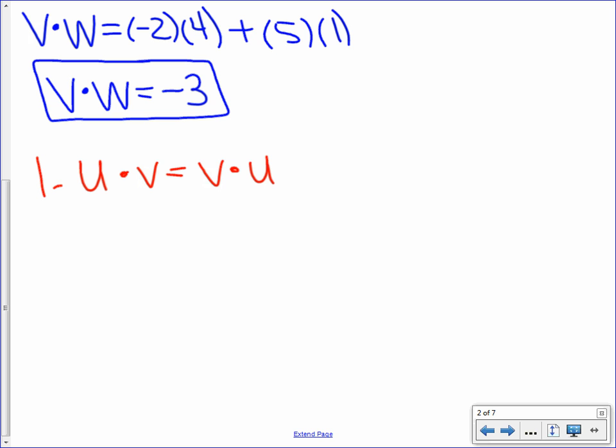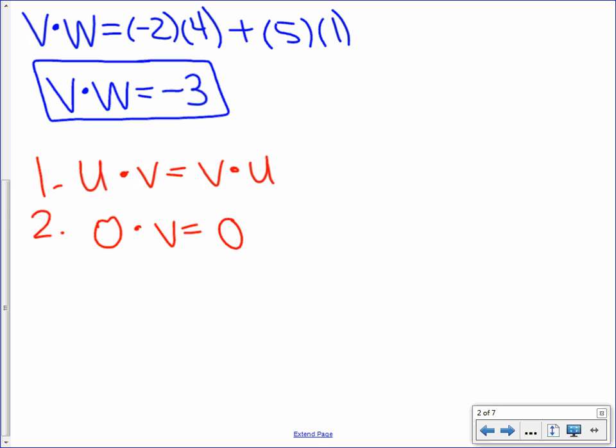What property is this? Commutative. Very good. If we take the dot product of a 0 vector and a vector, what do you think it's going to be?